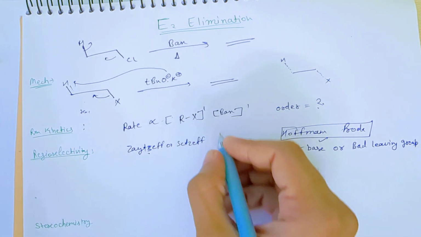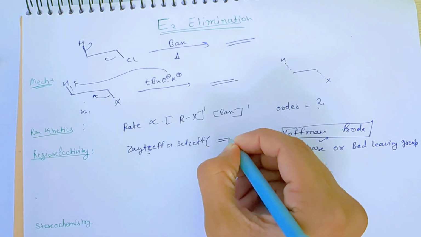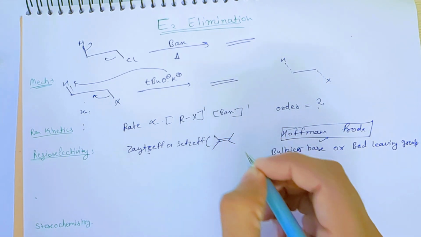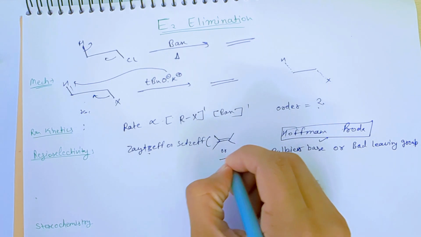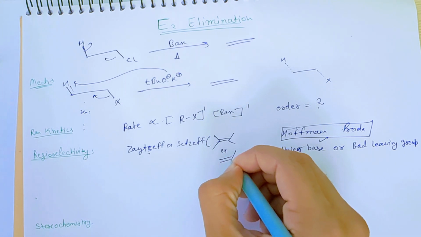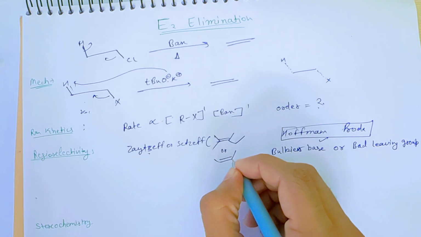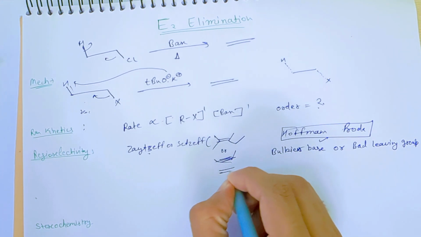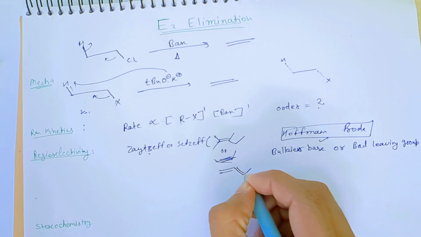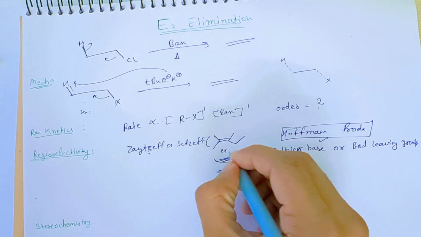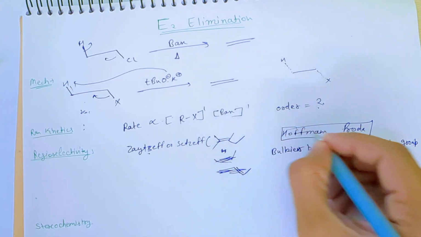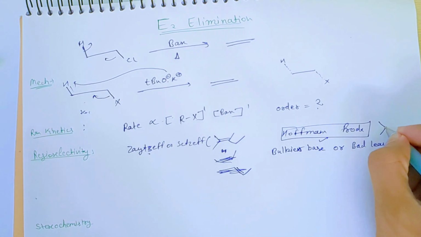And Zaitsev product means more substituted alkene as compared to less substituted alkene. And if there is a Hofmann, we have to write it like this.